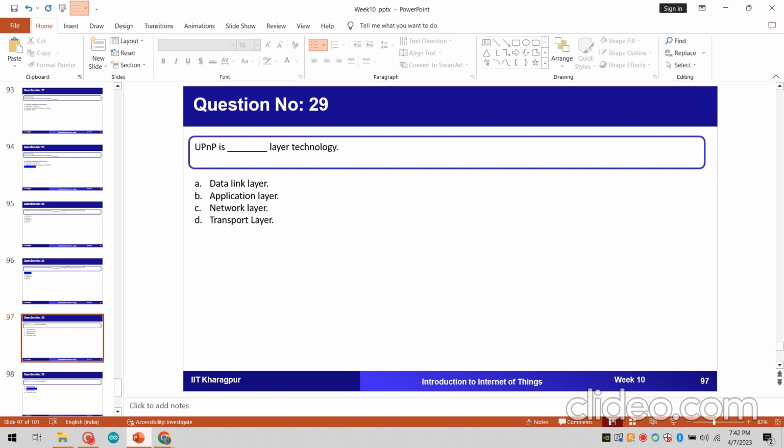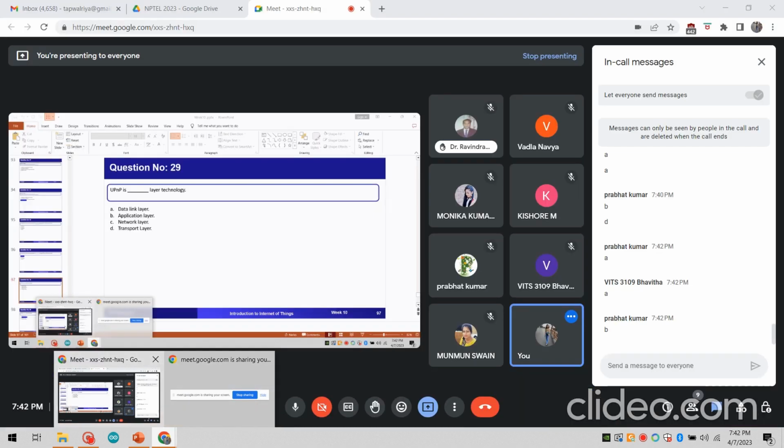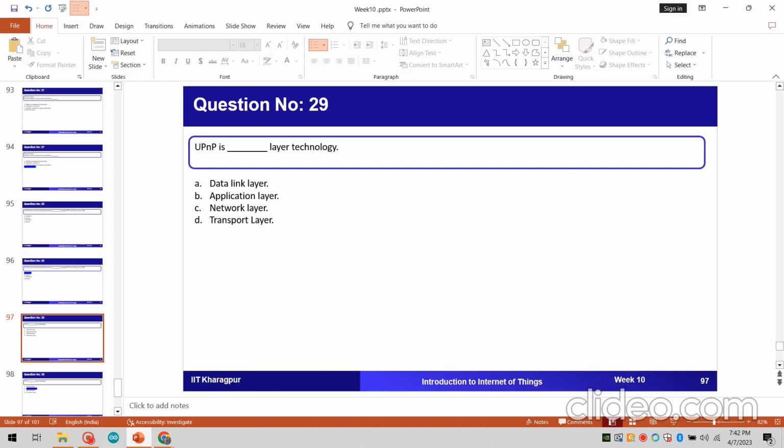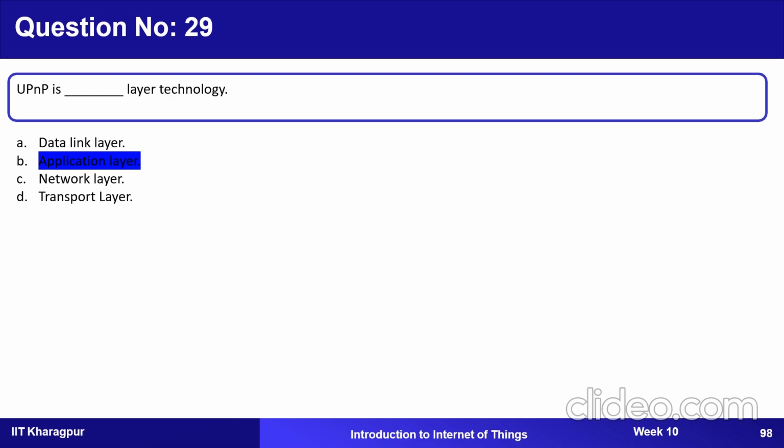Then the next question is about layer technology. Options are data link layer, application layer, network layer, transport layer. B is application layer. Okay, yeah. So application layer is the correct option for this question.